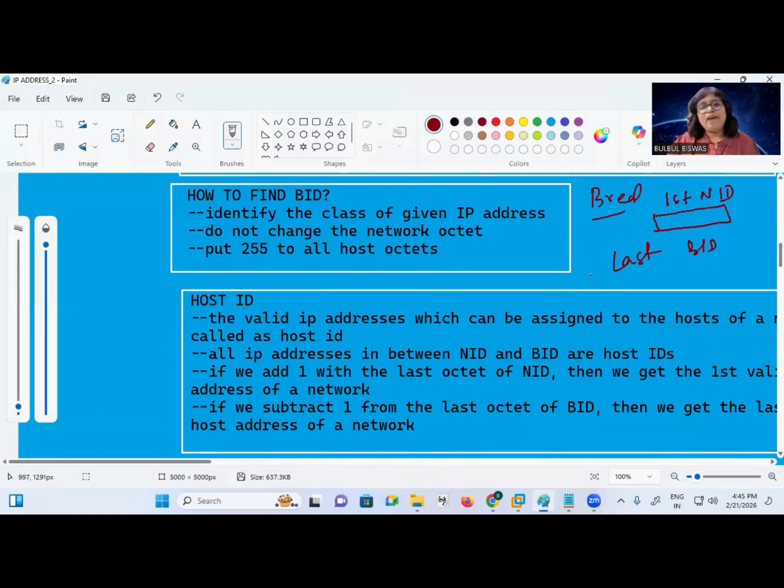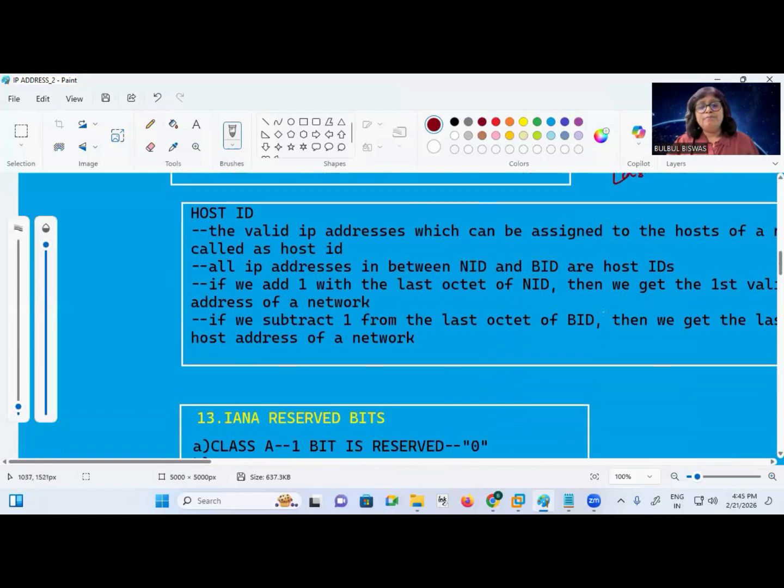After NID, the first IP is the first valid host IP, and before BID, that is the last valid host ID. This is the range from which we can assign IP addresses to the hosts of a network. Clear? That's why the valid IP addresses which can be assigned to the hosts of a network are called host IDs. Is it clear?